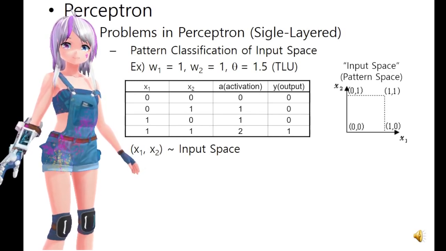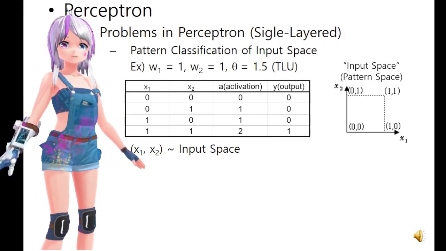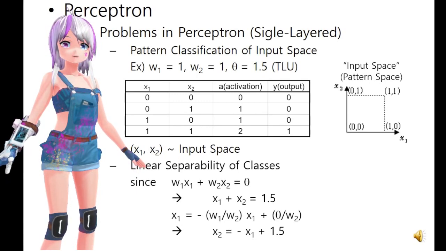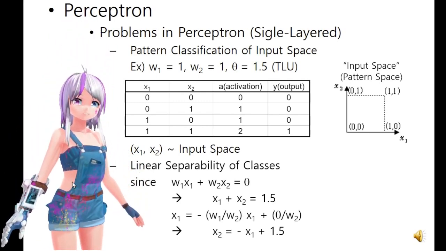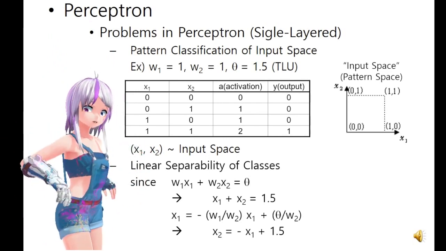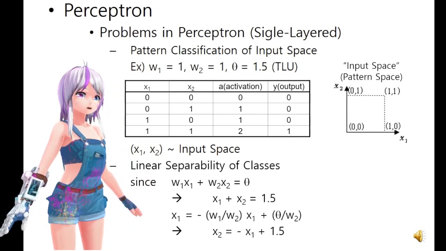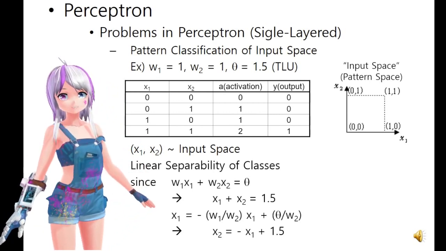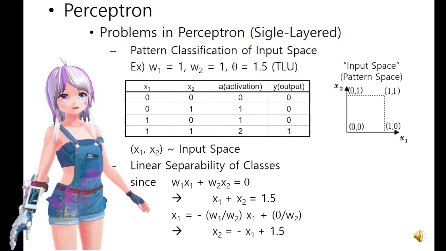Because we have 2 inputs and 2 weight parameters with a bias, we have a 2-dimensional input space. We can think of the lattice 0,0 at the origin, then 1,0, 0,1, and 1,1, a rectangular lattice in this x1, x2 plane of input space. So we have a 2-dimensional input space and 2-dimensional weight space. Of course, we have a bias also.